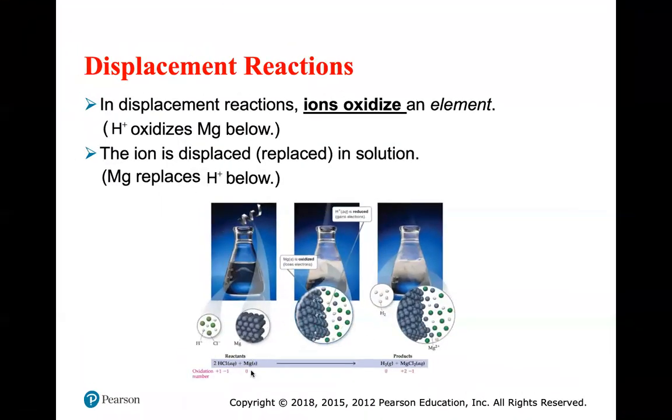Magnesium is in the 0 elemental state. For magnesium chloride, the oxidation state is positive 2. It has lost electrons. It has been oxidized. To oxidize is to make it lose electrons.